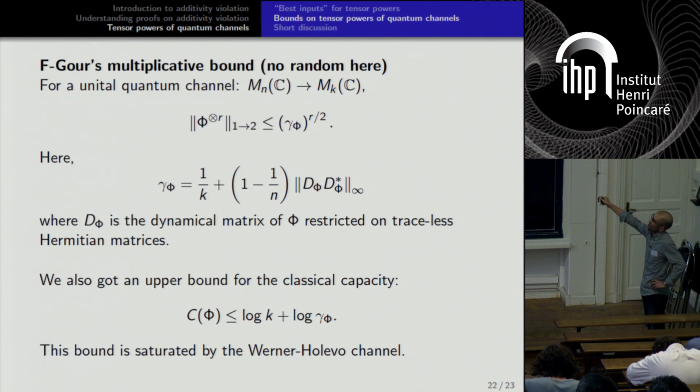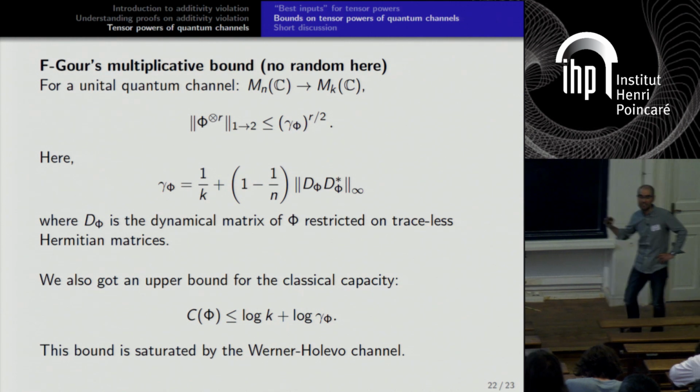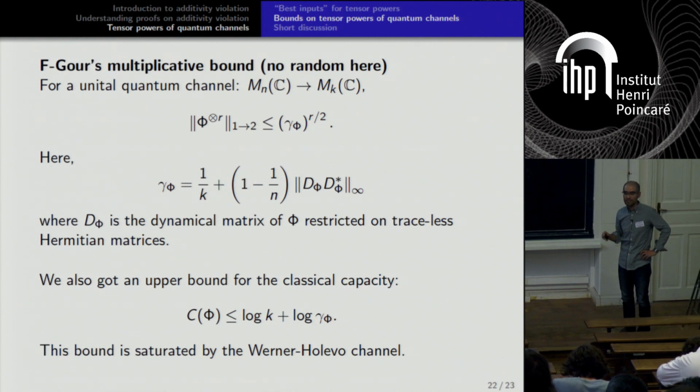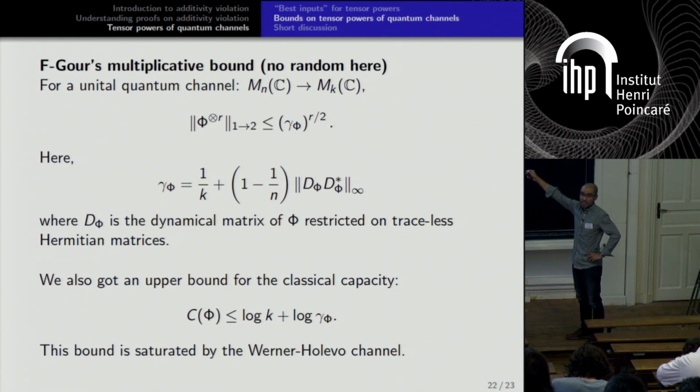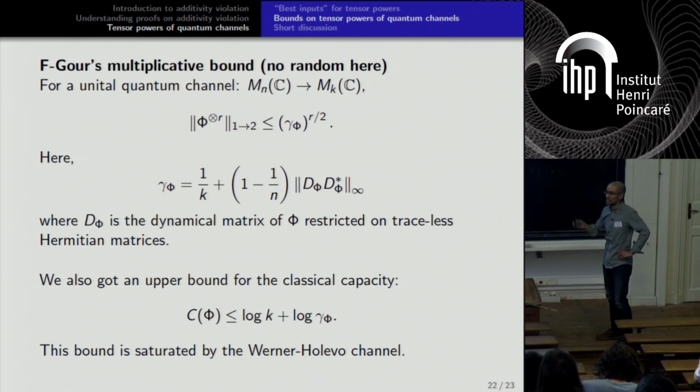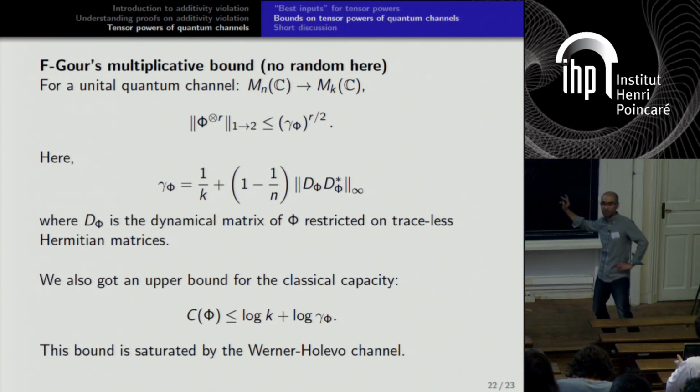I should mention that I'm talking about the two norm here, and the Schatten p norm here. If you think of it, linear entropy can basically be written by the p norm. But because of the log term, the multiplicativity problem here changes into an additivity problem in terms of linear entropy.